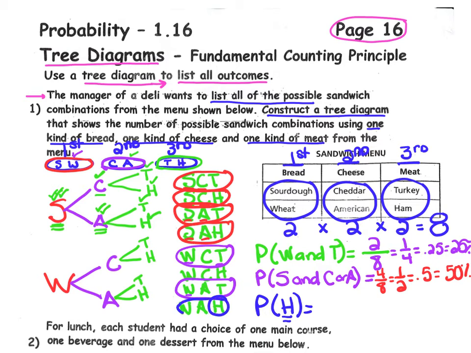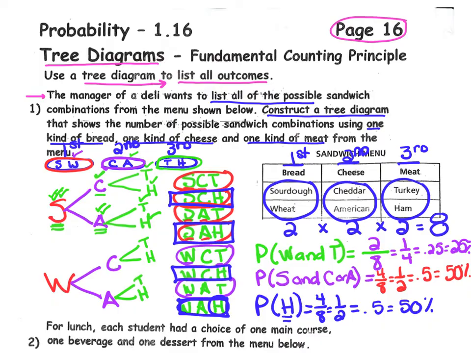That has ham, so that would be considered a success. This has ham, so does this sandwich, and so does this sandwich. Once again, you would have a 4 out of 8 chance, which is equivalent to 1/2, 0.5, or 50%.